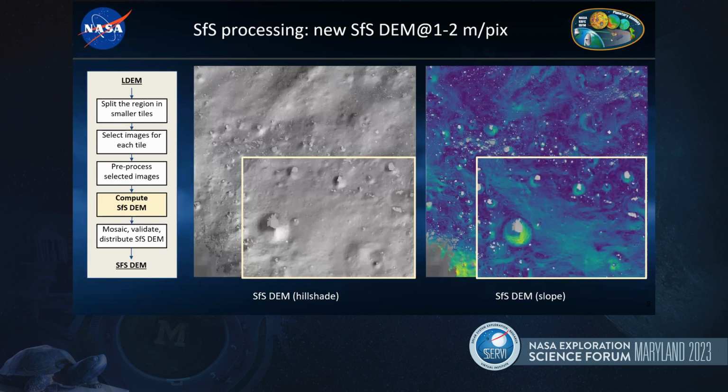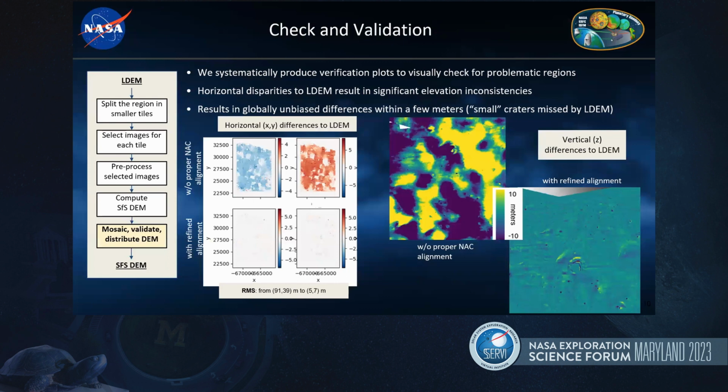So we systematically check our DEMs against the LOLA models for regional misalignments, as we have seen that such misalignments can easily cause tens of meters of vertical errors, which we clearly don't want for most applications.